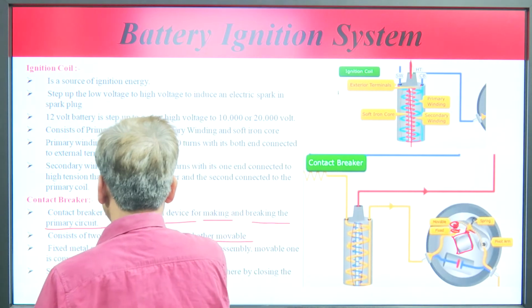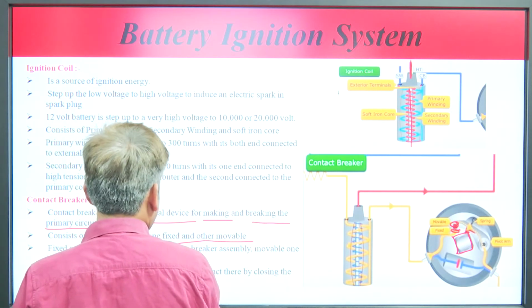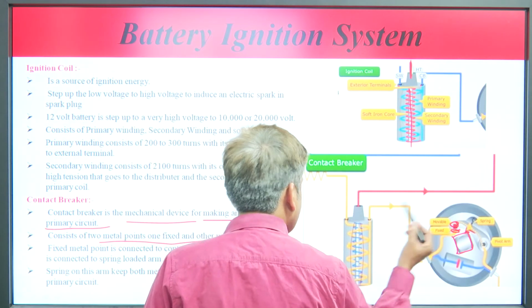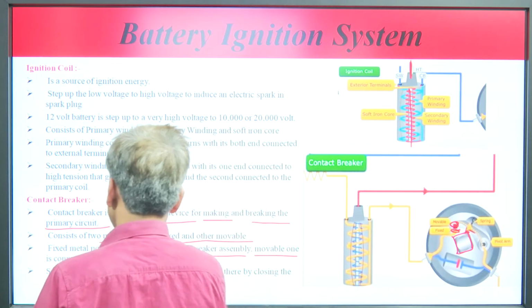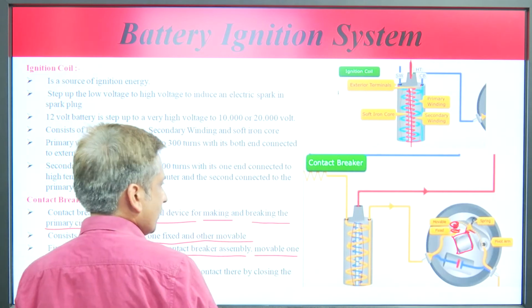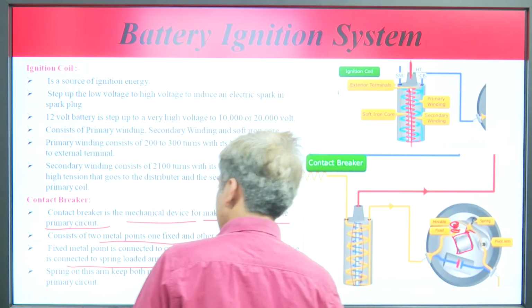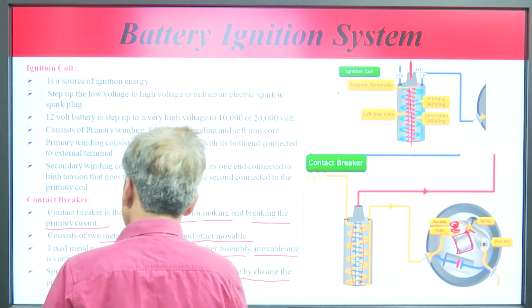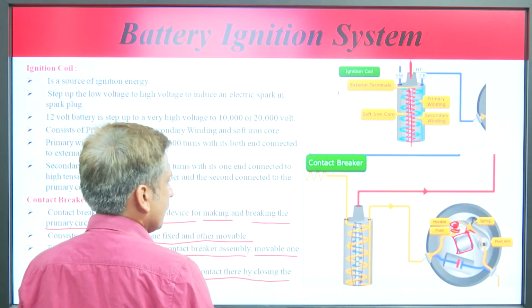So, the fixed metal point is connected to the contact breaker assembly, this is the fixed point, and the movable one is connected with the spring loaded arm. A spring on this arm keeps both metal points in contact, thereby closing the primary circuit.